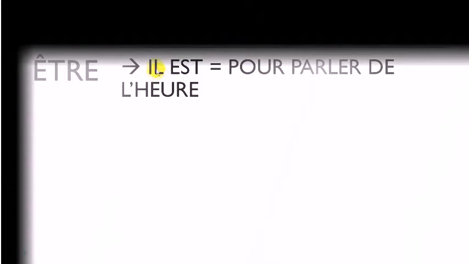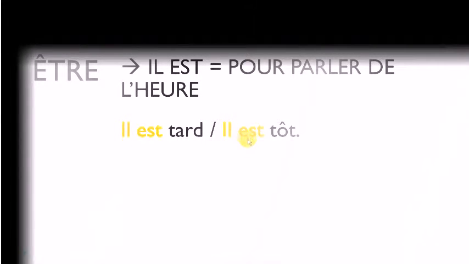If you use this il est, you will use this structure if you want to talk about the time. For instance, we've got the first example here. Il est tard. Tard is late. So il est tard, it is late. Even if we use this il, it doesn't have the concept of he as we normally have. It's really this impersonal form.